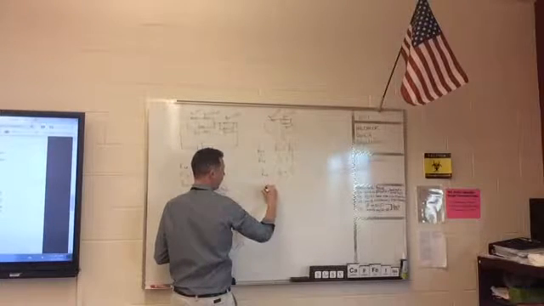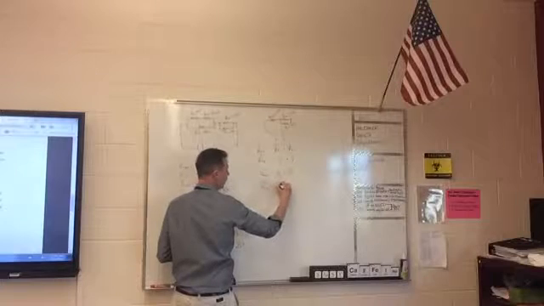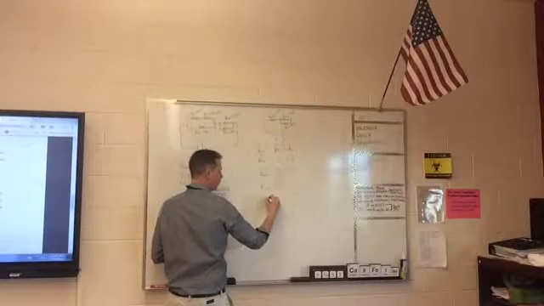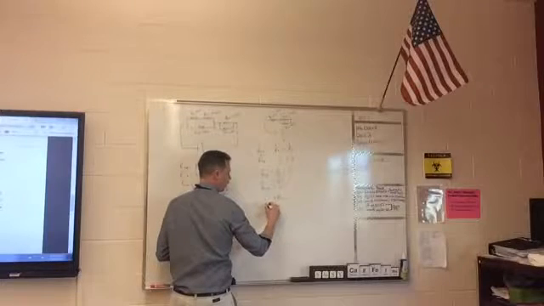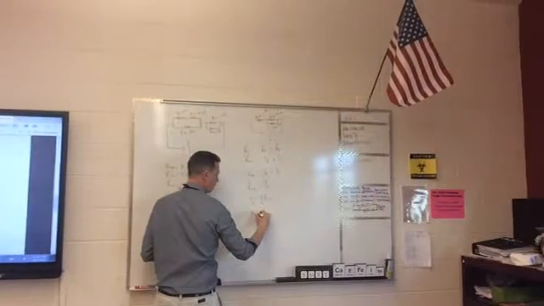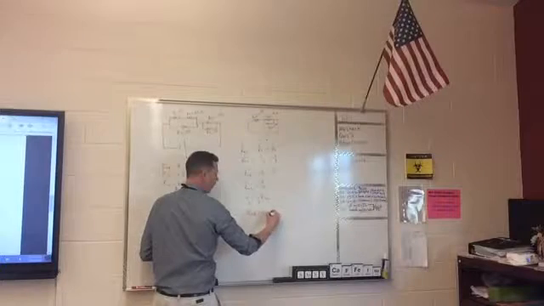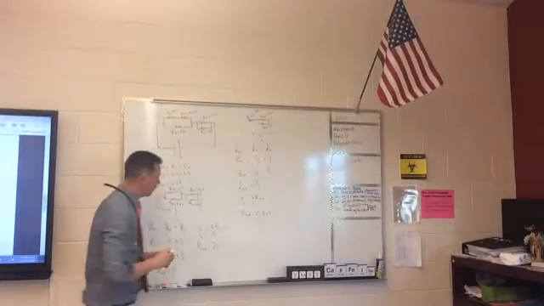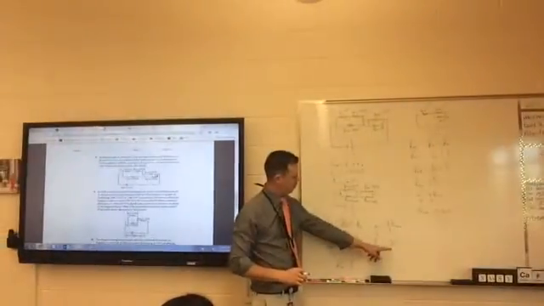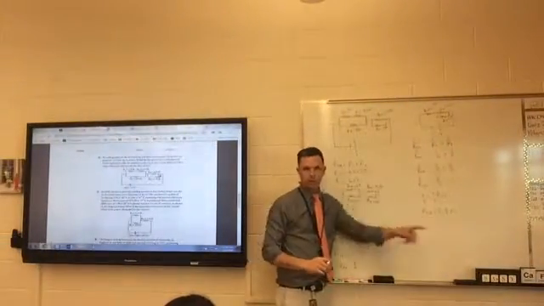When you combine them, 1 over R45 is equal to 5 over 4. Cross multiply, 4 equals 5 R45, divide by 5, and we get R45 equal to 0.8 ohms, okay? So now we have the resistance of R123 and the resistance of R45.